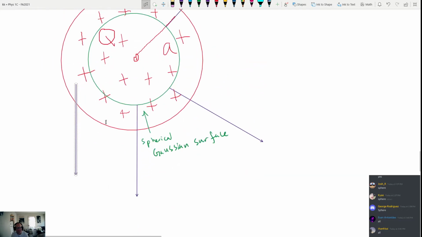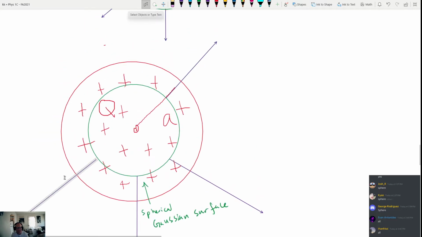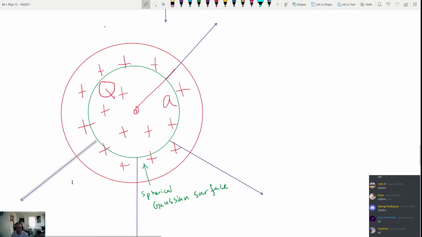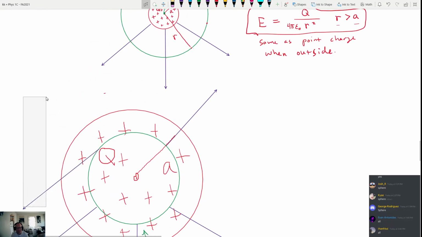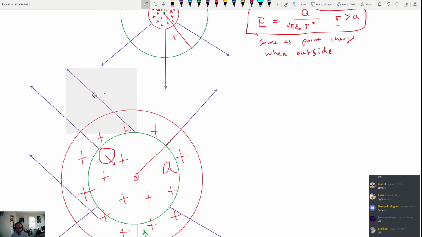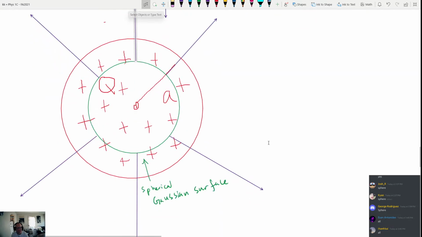One up here. The pictures are kind of running into each other, but I think that's okay. So those are our electric field lines.